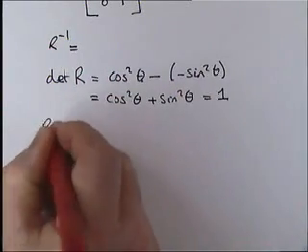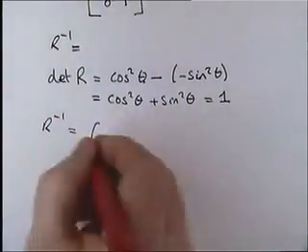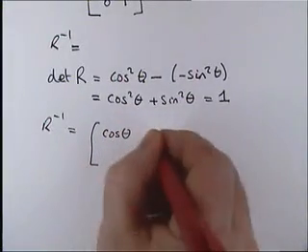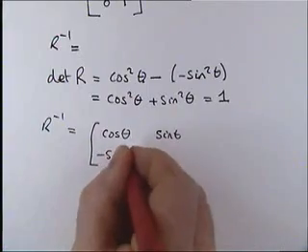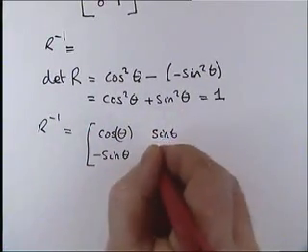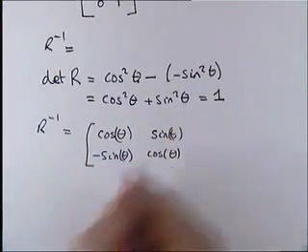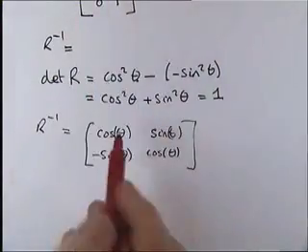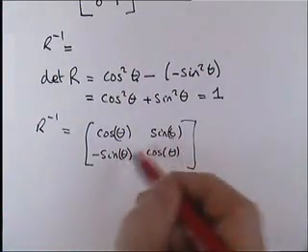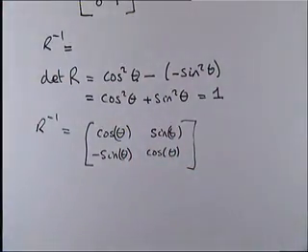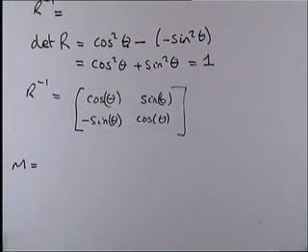So the inverse of R is going to be 1 lot of cos theta, sine theta, minus sine theta, cos theta. Because remember, when you find the inverse, you multiply by 1 over the determinant, change the positions of A and D, and change the signs of B and C. So that's the inverse of R. Now we've got to find M, and we've got to get the order correct.